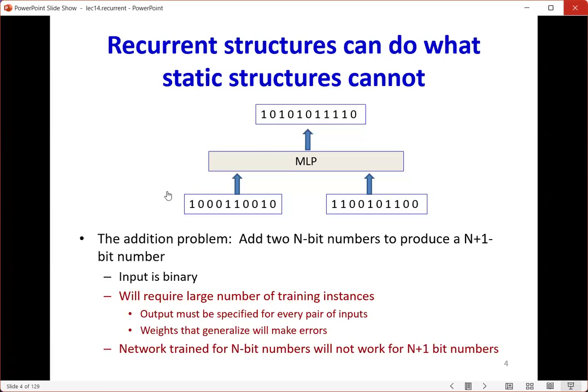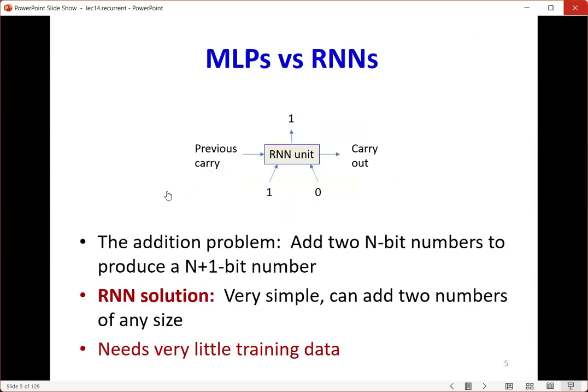Okay, let me give you the answer, right? The recurrent network just has to be this. You can add it 1 bit at a time. All it needs is this recurrent structure, which takes in the current bit from each of the two input numbers and a carry, right? And it's going to generate two outputs, the actual bit output and the carry. How big would this one be?